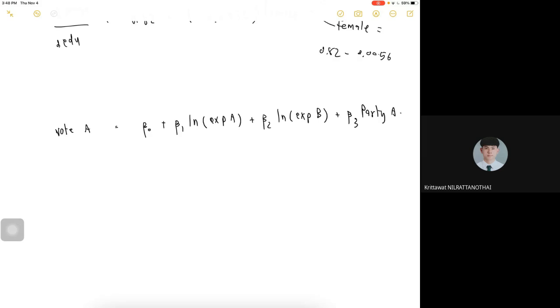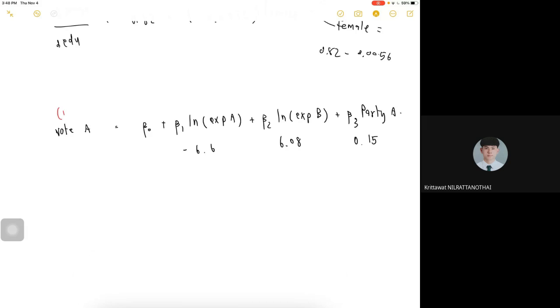And again, you already got beta 1 around minus 6.6, beta 2 is like 6.08, and beta 3 is 0.15.